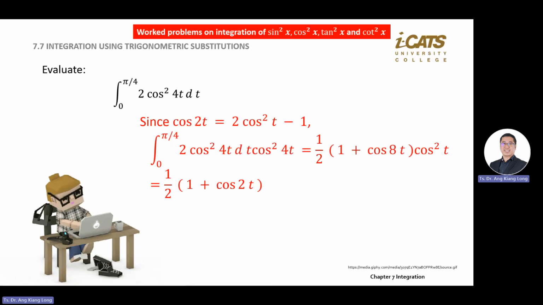So we know that this is 2t, so you get cos square t. Here is 4t, so here we change into cos 8t minus 1. This one is correct.